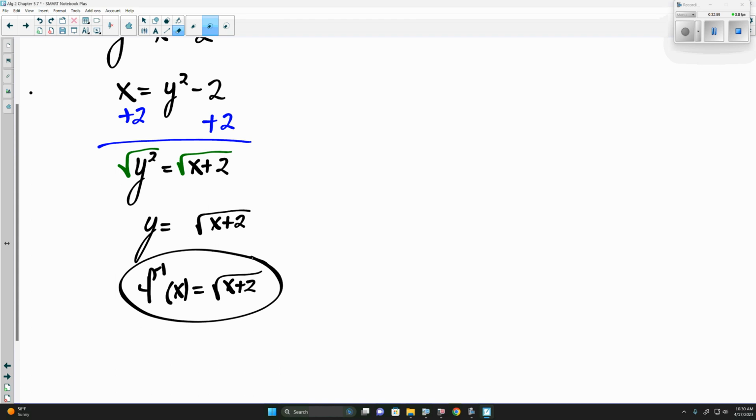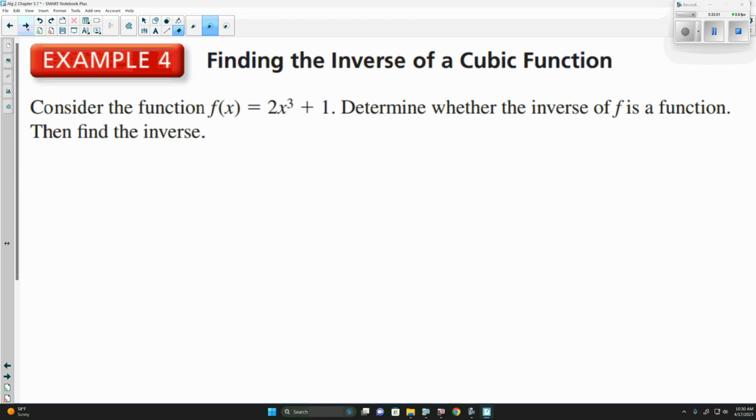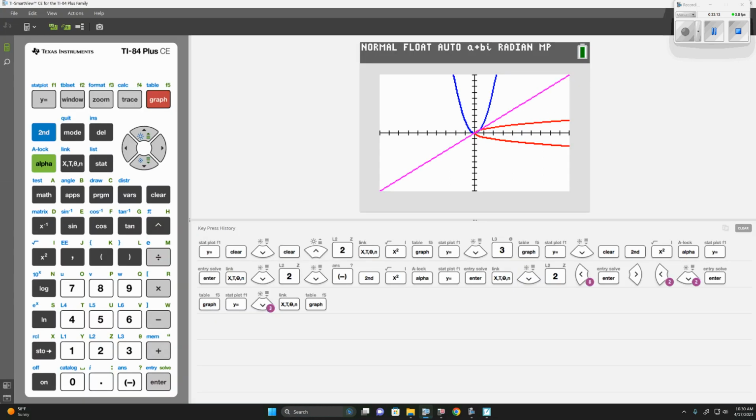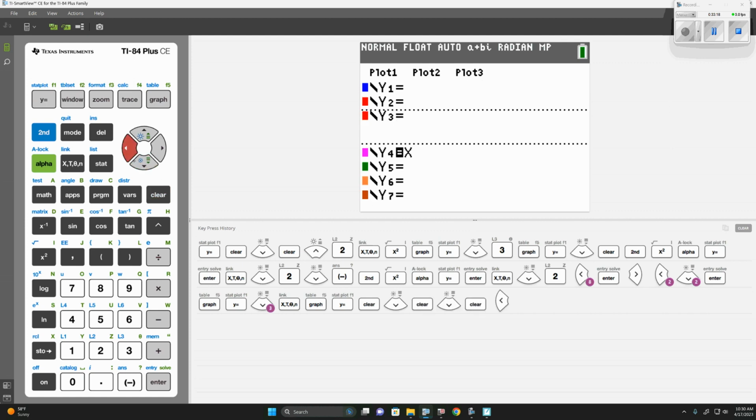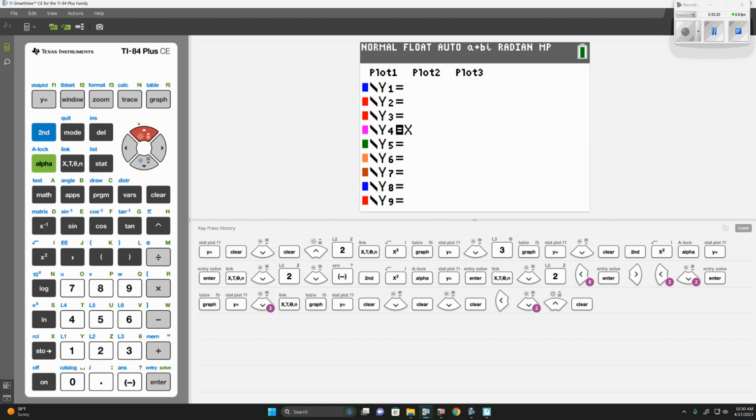Let's look at the next one. We're going to look at this one here, this cubic. Determine whether the inverse of f is a function, especially since we're wanting to really see if these are inverses. Clear that. Okay.